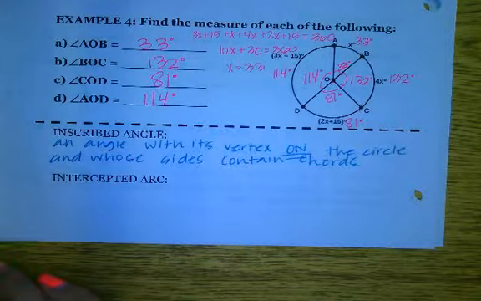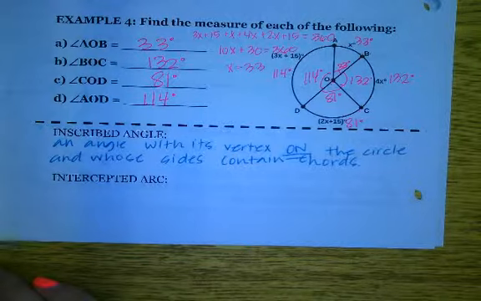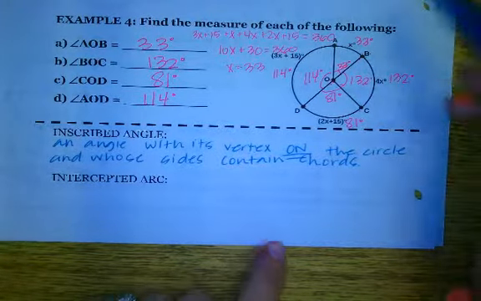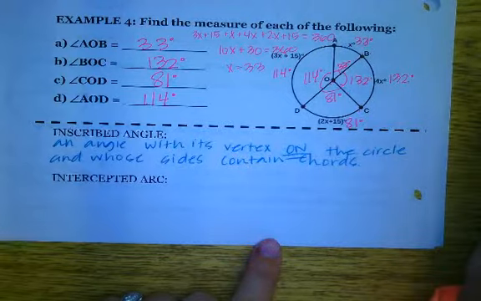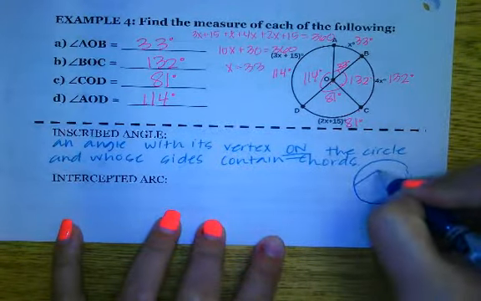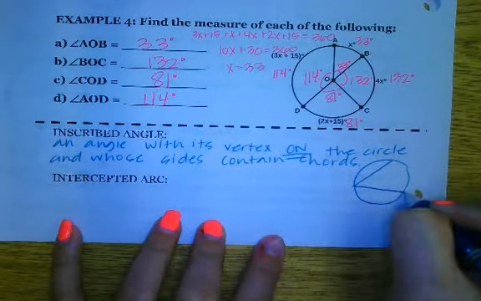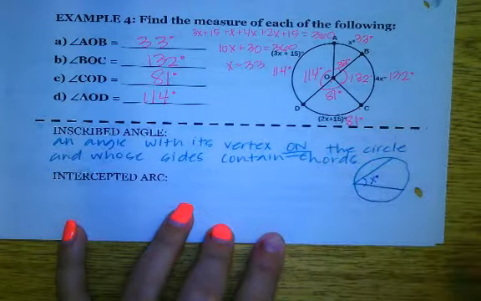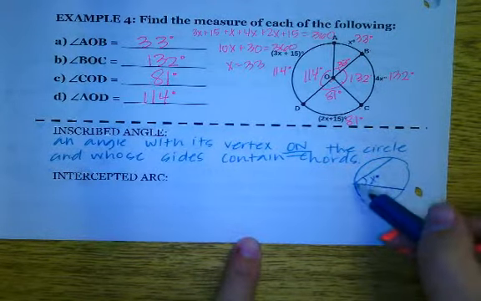Does anybody remember what the intercepted arc is? Just when you have the inscribed angle, here are our 2 chords making up our inscribed angle. Now we are intercepting these arcs.